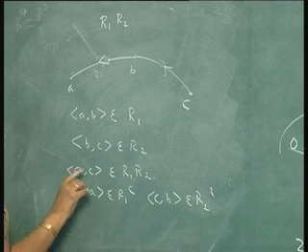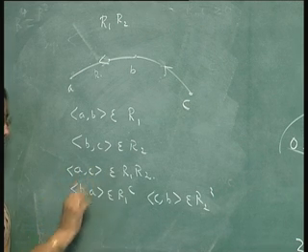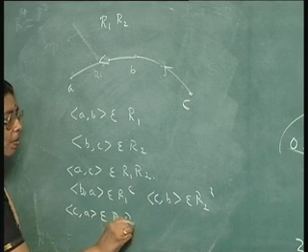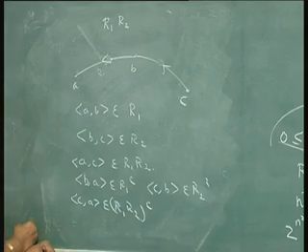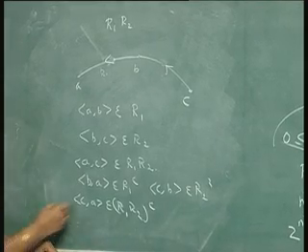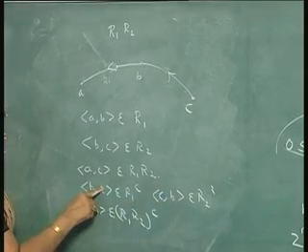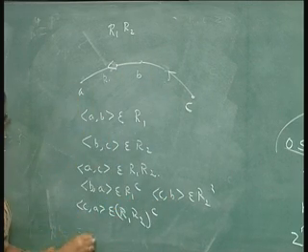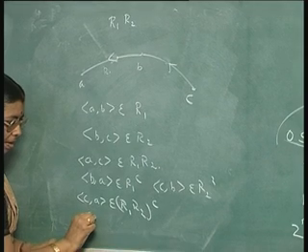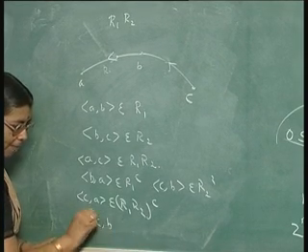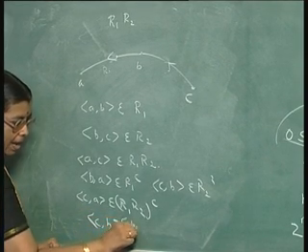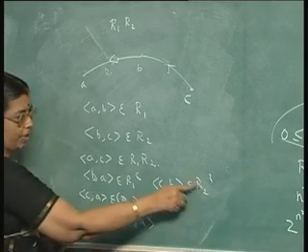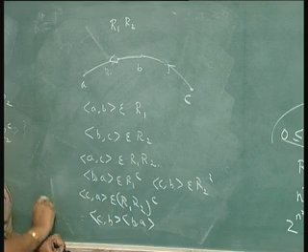Now, what about an element belonging to (R1 R2)^C? (C,A) belongs to (R1 R2)^C, and this you can get by combining (C,B) and (B,A). If you combine (C,B) and (B,A), you get (C,A), where (C,B) belongs to R2^C and (B,A) belongs to R1^C.